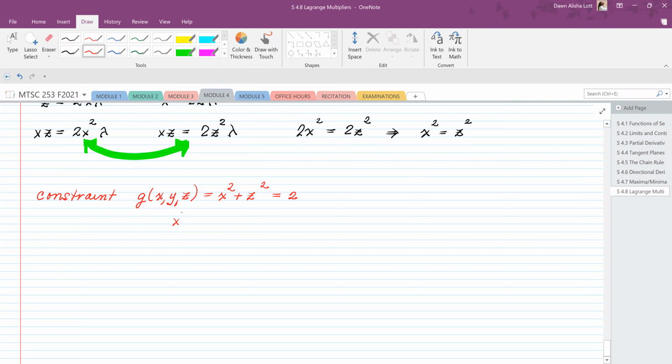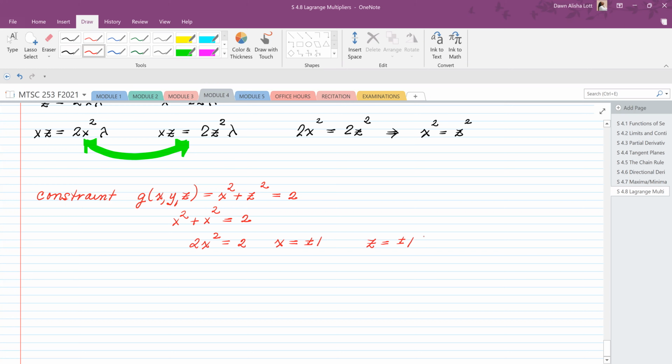So now I have x squared plus z squared, which is 2x squared, is equal to 2. So x is equal to plus or minus 1, which means z is also equal to plus or minus 1.